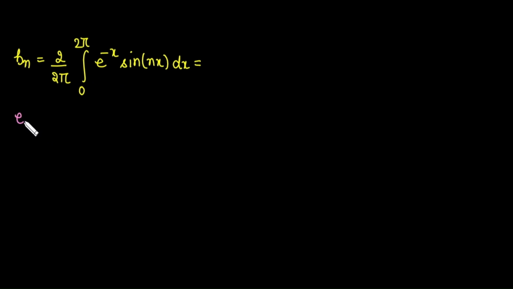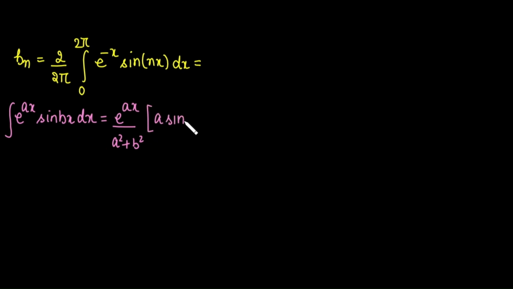We know that the integral of e raised to power ax into sine bx with respect to x is equal to e raised to power ax upon a square plus b square, where a and b are the coefficients of x in both the terms, into a sine of bx minus b cos of bx. Use this formula in order to find the integral.